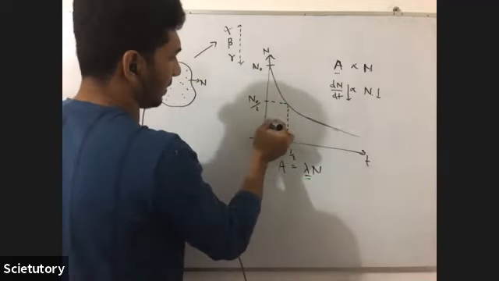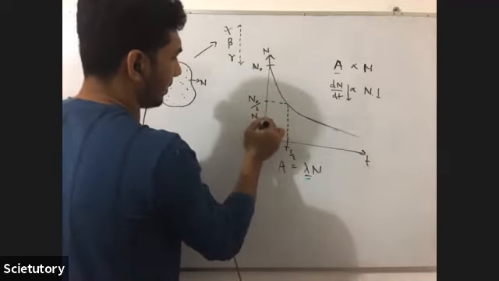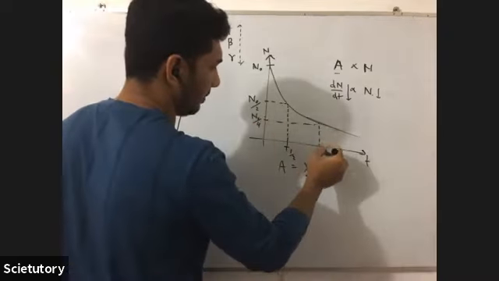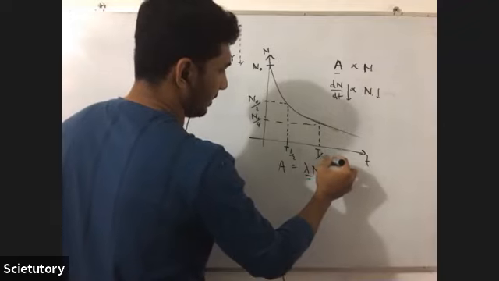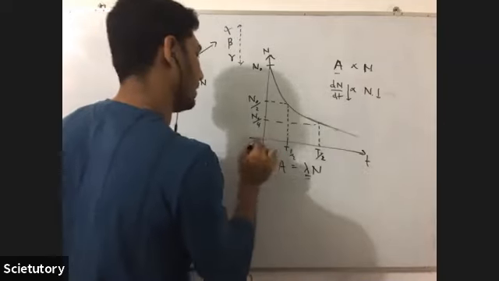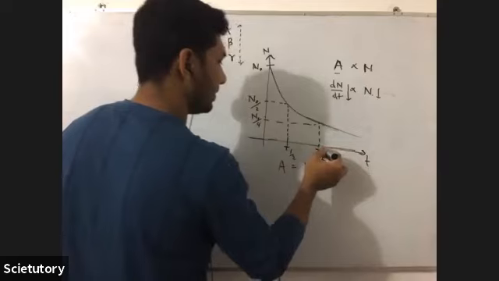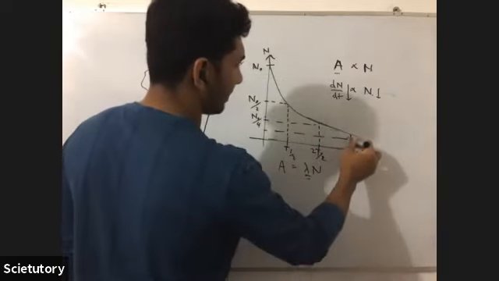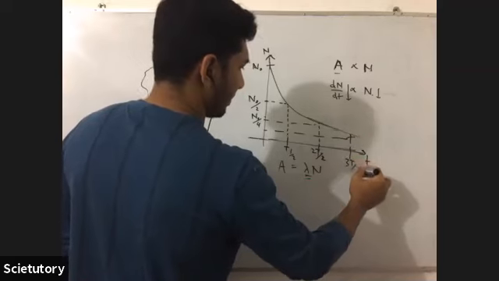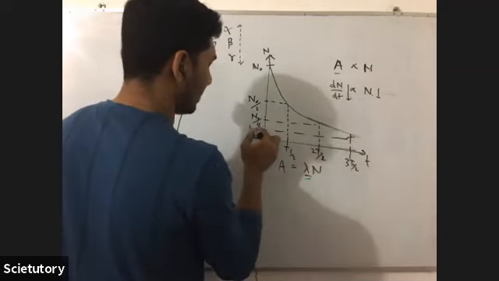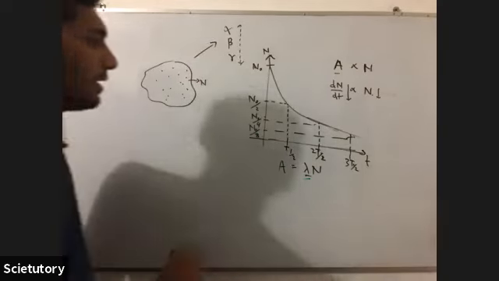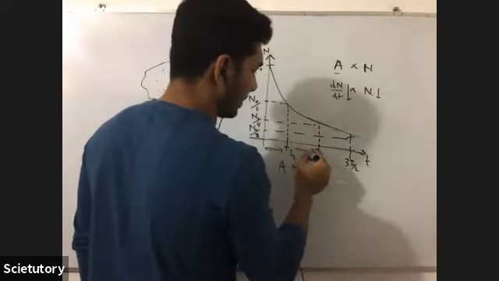Again, after some time it will be N naught by 4, and the time taken will again be t half, so on this axis this will be 2 t half. And again in 3 t half it is N naught by 8. The t half is actually a constant.